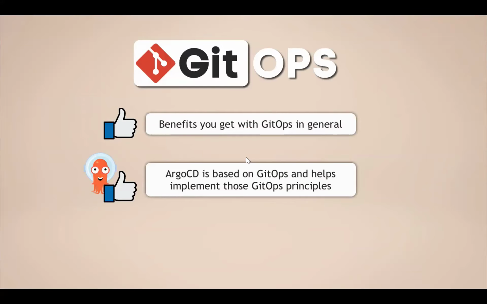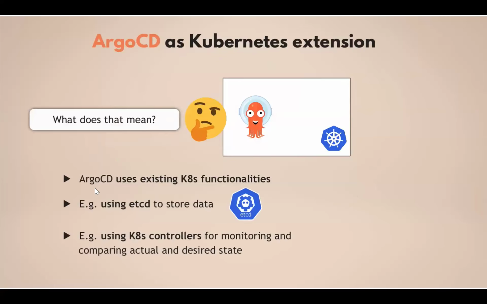So these are the benefits you get with GitOps. Generally, if you connect CI/CD with Git, it becomes GitOps. From Git to GitOps. ArgoCD is based on GitOps because it is using Git and helps to implement those GitOps principles. ArgoCD uses the existing Git. So whatever the functionality of Kubernetes, ArgoCD uses that as well, the controller, then etcd, everything.